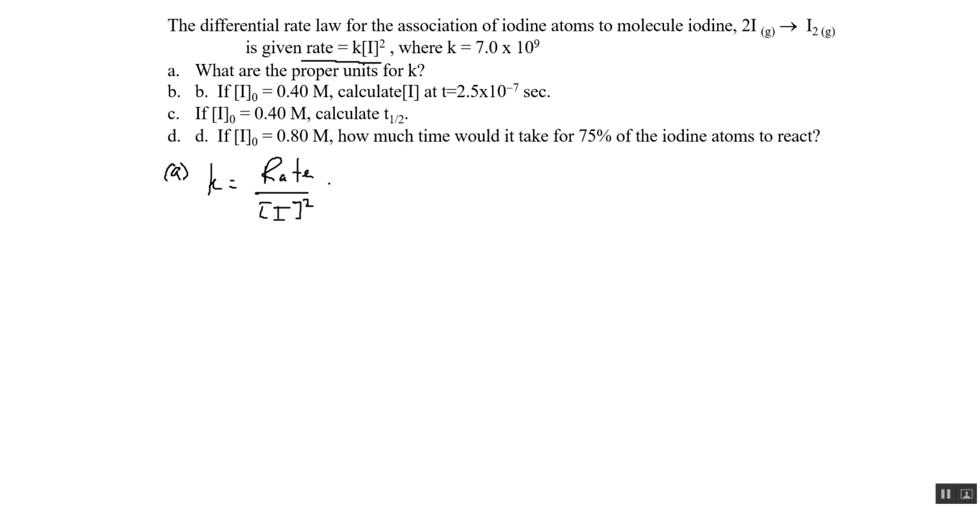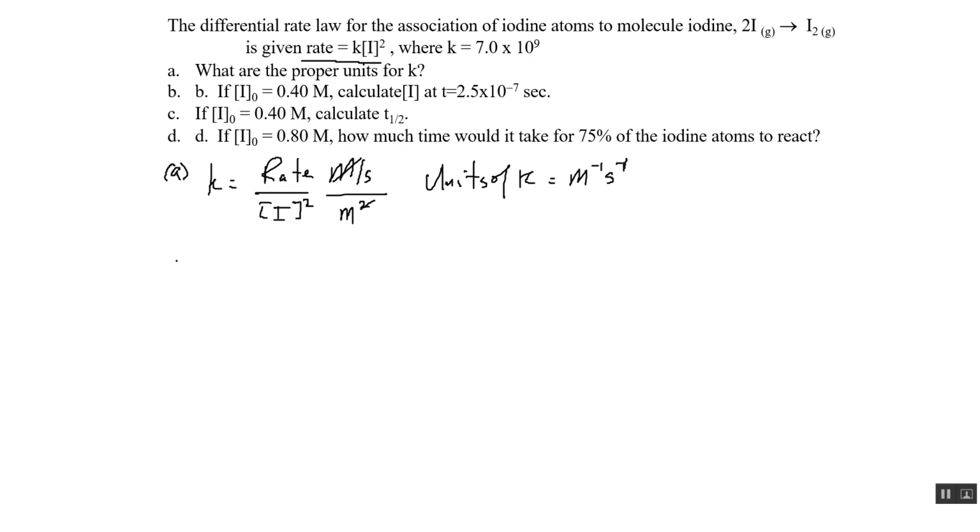Now, in terms of the units, usually, and I think that's the case here, the rate units would be M over S, and the units for iodine here would be M, but it's squared, so you just put M squared here. So we have to do some cancellation here. So therefore, the units of K is equal to M to the minus 1, S to the minus 1, all right? So that basically is the answer to the first part.